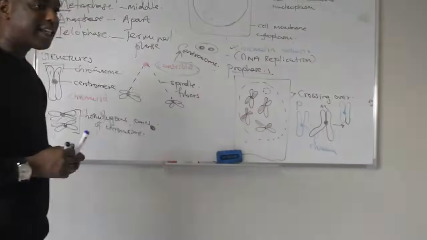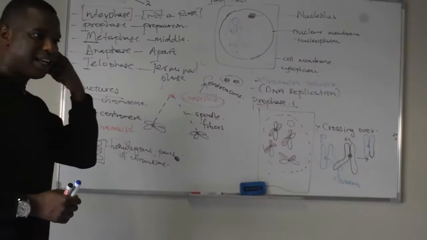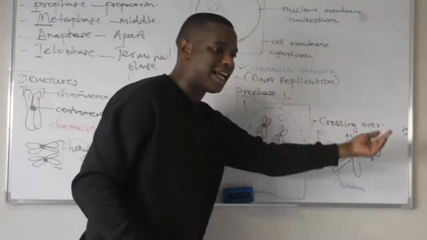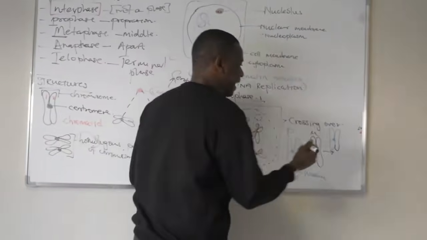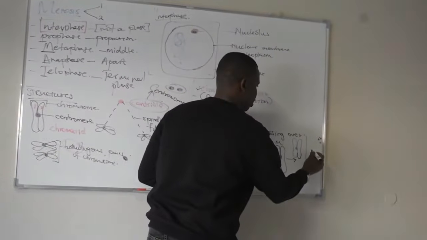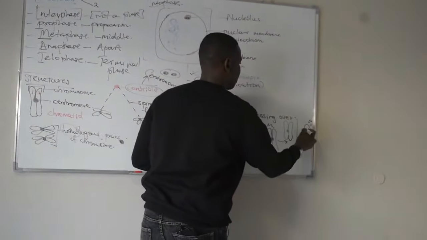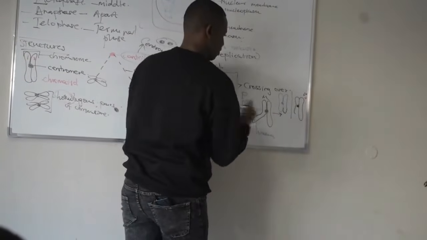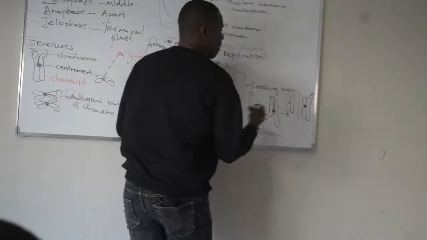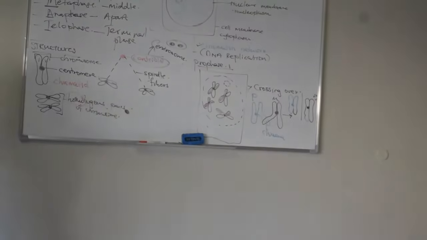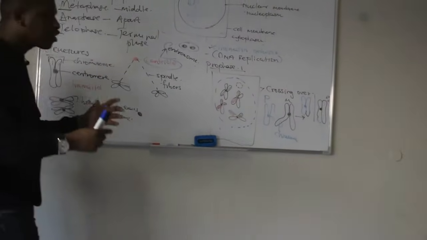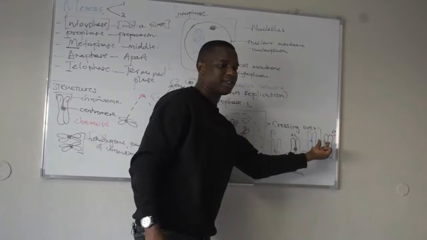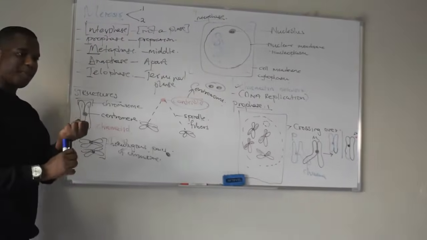It's still the same chromosome, but it's now having a mixture from the mother. And when you draw black, this is how you're going to draw black. Black is now having a mixture from the father. That means the offspring is going to get chromosomes having a mixture of both parents.